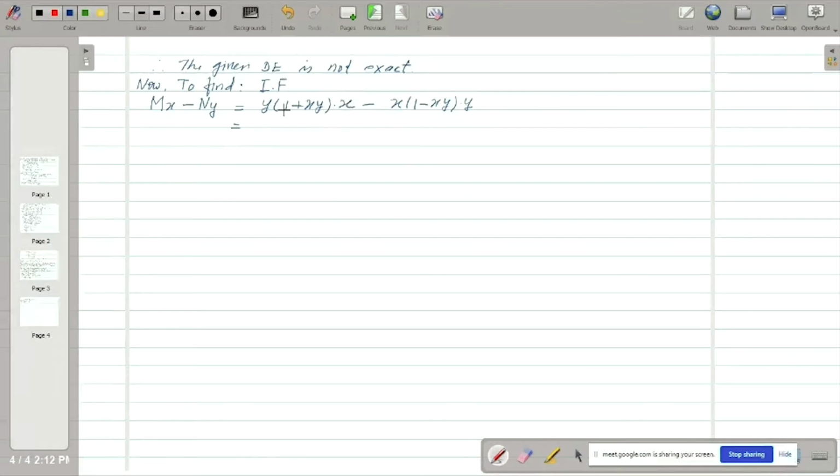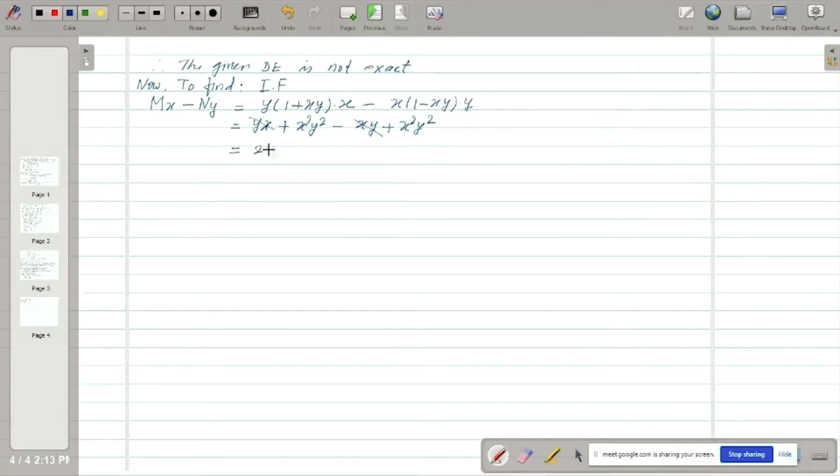So we multiply. This becomes yx plus x square y square, and minus xy, minus goes plus, x square y square. Okay. So which factor cancels over here? This factor will cancel. So what is remaining?